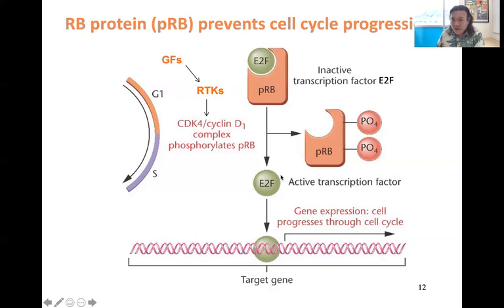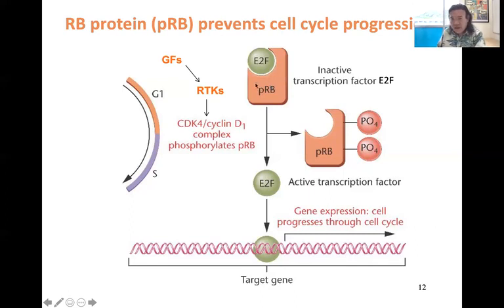They're not active. These genes are normally activated by the presence of a family of transcription factors known as E2Fs. So if these E2F transcription factors are allowed to bind to their target genes, then they will activate these target genes and the cell will then start moving through the cell cycle. These E2Fs, though, are usually sequestered or kept turned off by being bound to the RB protein.